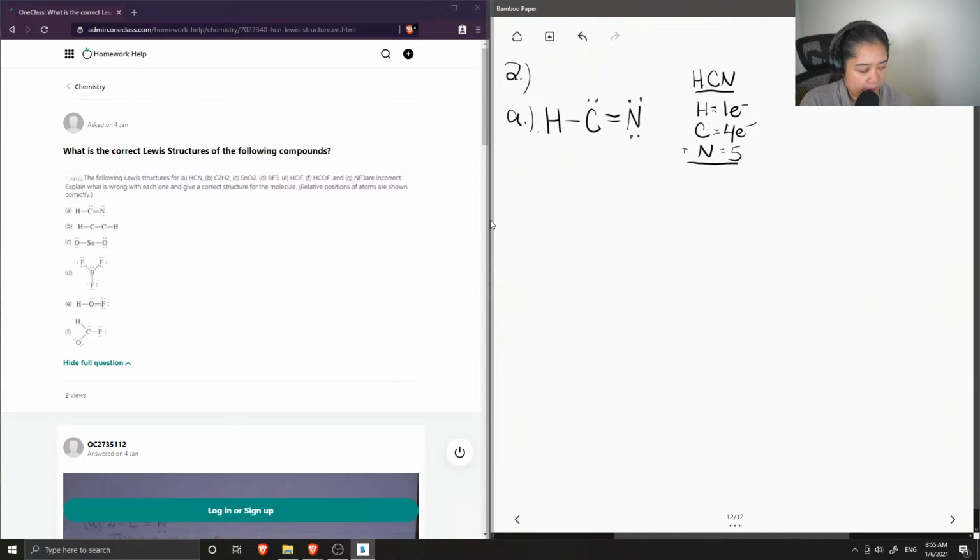So if we add it all together, we're only supposed to have 10 valence electrons in this molecule. So if we count it out with each bond containing 2 of them, we have 6 in the form of bonds, 7, 8, 9, 10, 11, 12. So this molecule has 12 electrons.